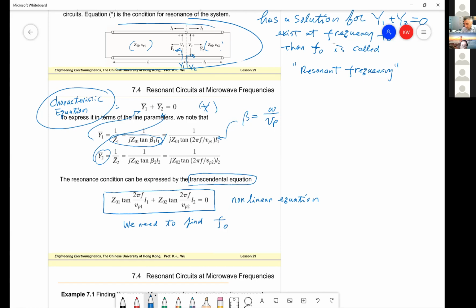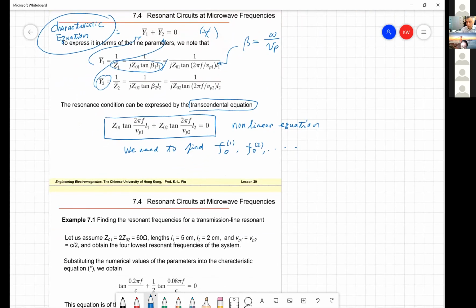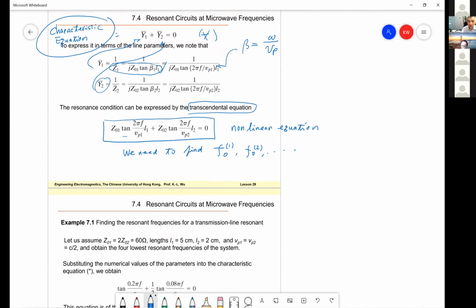Because multiple F0 satisfy this equation, we have many F0s, F01, F02, an infinite number of F0 if you wish. Why infinite? Because this is a trigonometric function.